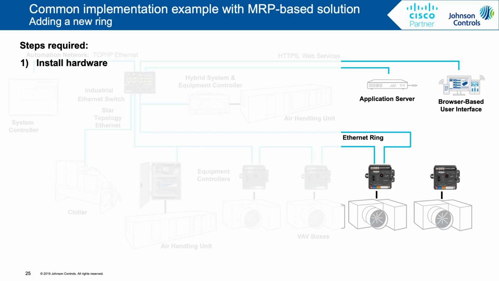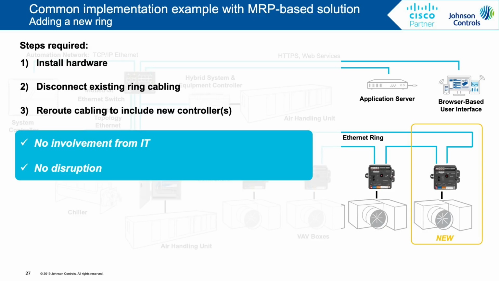Then we simply open the ring, and when we open the ring, just like before, we take the existing RJ45 cable out and insert the new cable to the controller. There is no application failure. There is no disruption of the user or the data. Then we connect the other end of the controller into the ring, and the controller seamlessly gets an IP address from the switch.